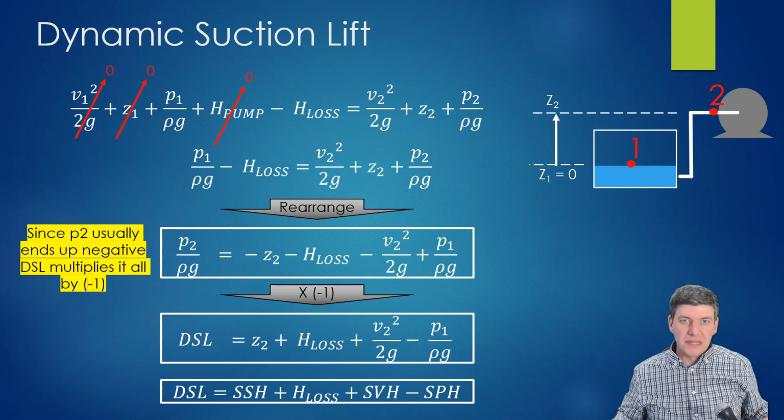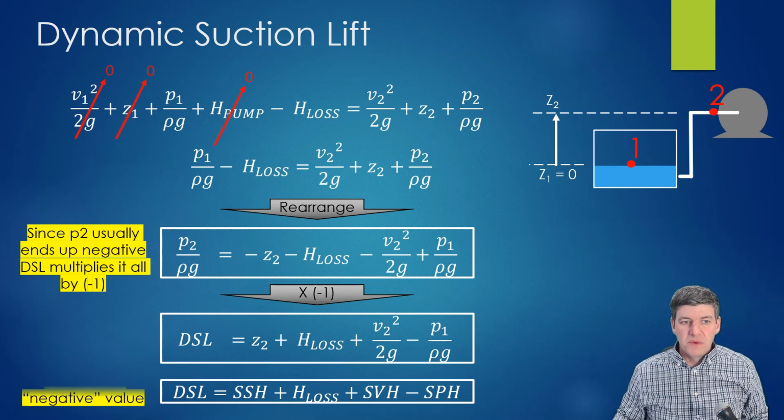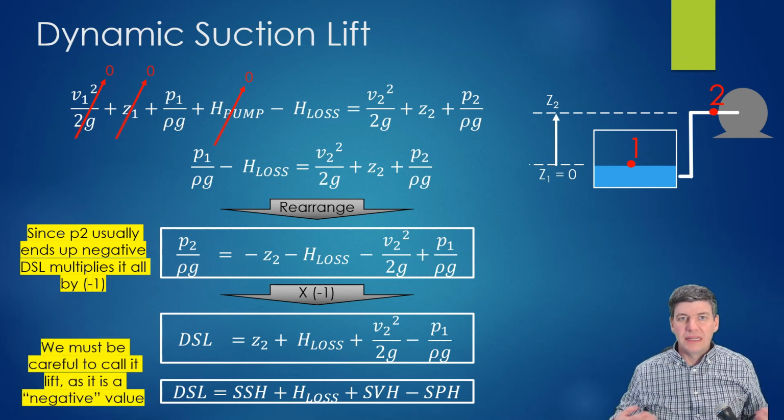The pressure head is the only thing really helping in terms of energy going into that pump. You'll get a positive value based on this, but we want to be careful that we call it a lift because it really is a negative value. Confused? Yeah, it's a little confusing. So be careful with dynamic suction lift and how it's approached.